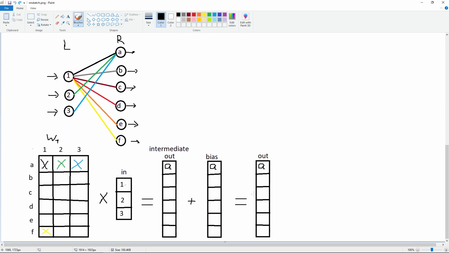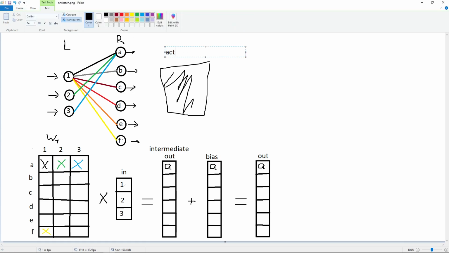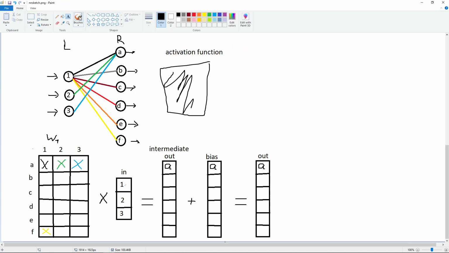So we do this first multiplication, we get some vector that comes out over here, and then we take this black box called an activation function, so that this comes in and we change it a little bit in a non-linear way.